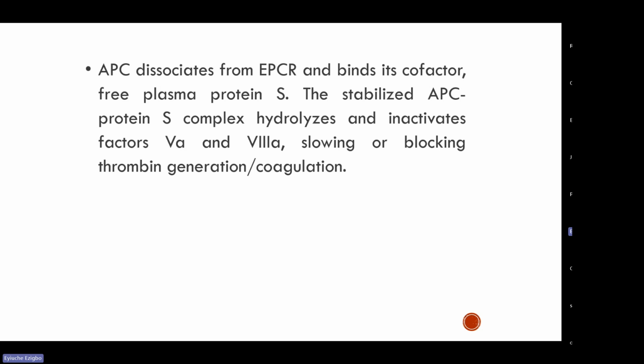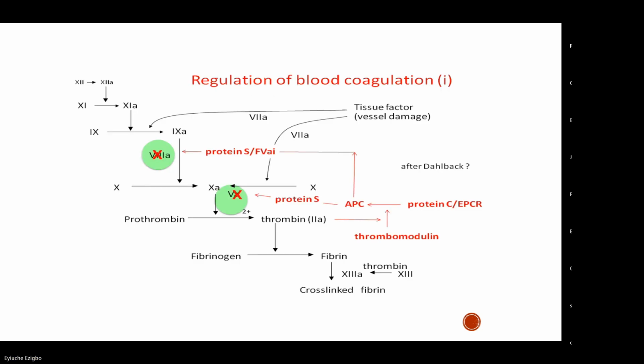That is how the activated protein C pathway contributes to the process of regulating blood coagulation, by the complex of APC and protein S shutting down factor 5 and factor 8.